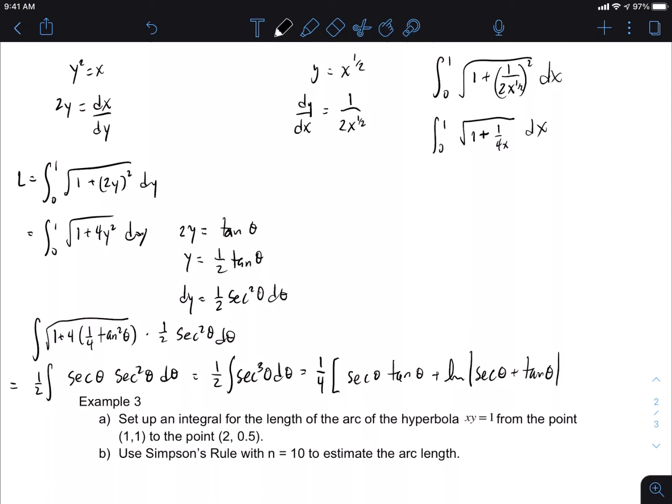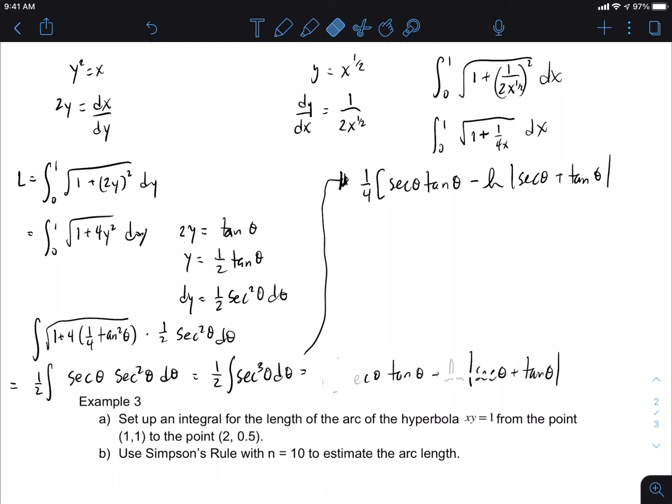And now what I need to do, and in fact I probably should have written this up here. In fact, is it okay if I go up here with it? I'm just going to need this space.